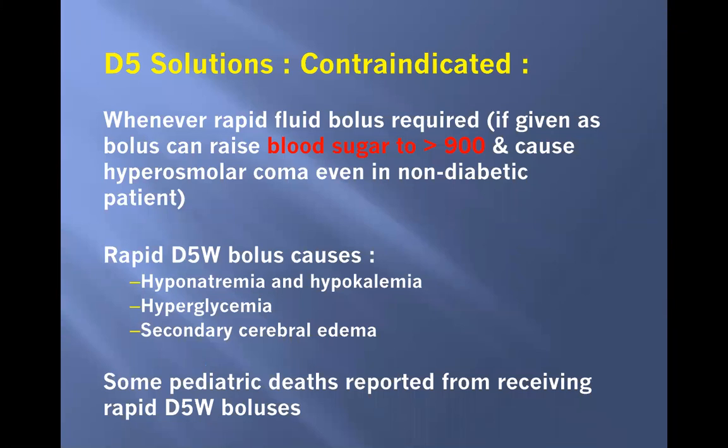because it is of no benefit more than giving glucose to a patient without glucose deficiency or decreased glucose level. So rapid dextrose water bolus causes hyponatremia and hypokalemia, hyperglycemia, secondary cerebral edema.